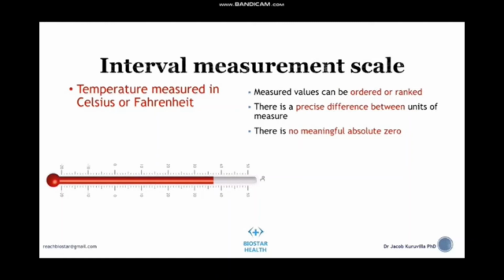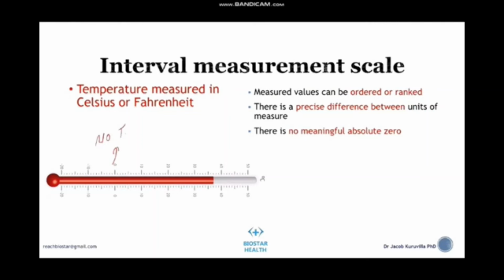When you compare with the next level, the ratio scale, the interval measurement scale, even though we can calculate the exact differences between 2 points, that is from 10 degrees Celsius to 20 degrees Celsius or from 30 degrees Celsius to 40 degrees Celsius, there is no meaningful absolute zero. That means 0 degrees Celsius doesn't mean a total absence of any temperature.